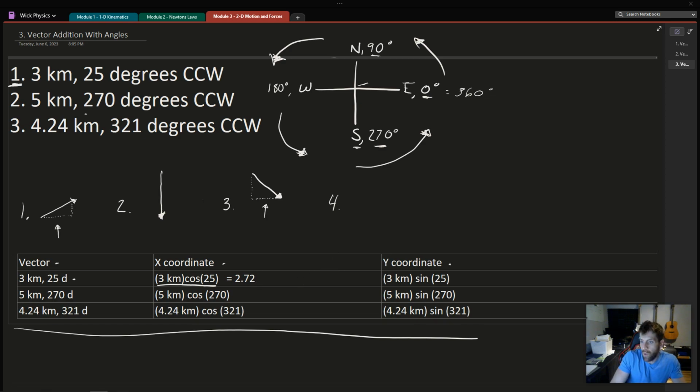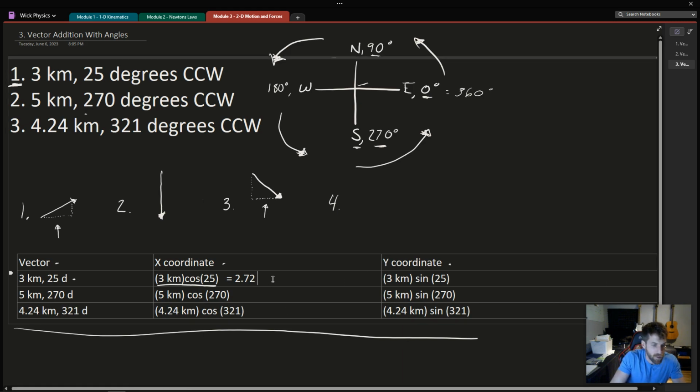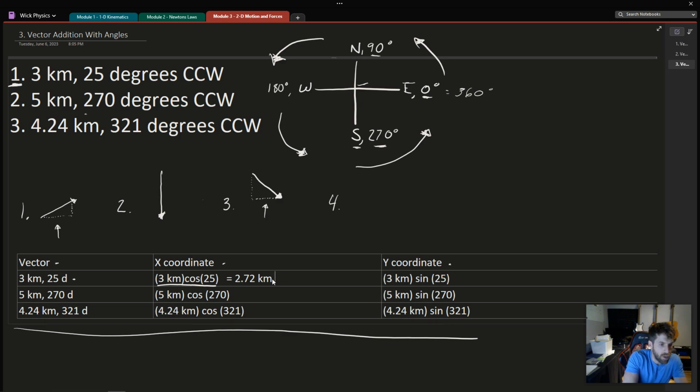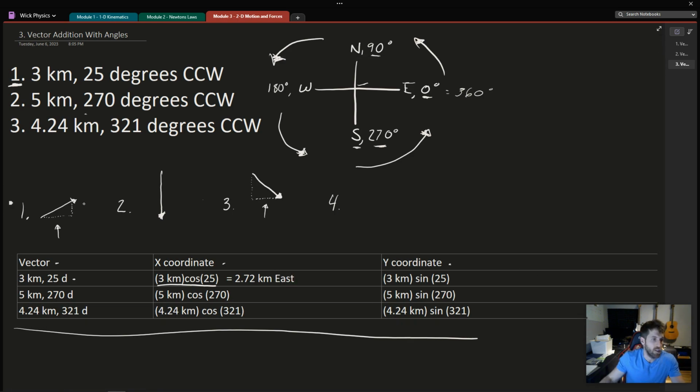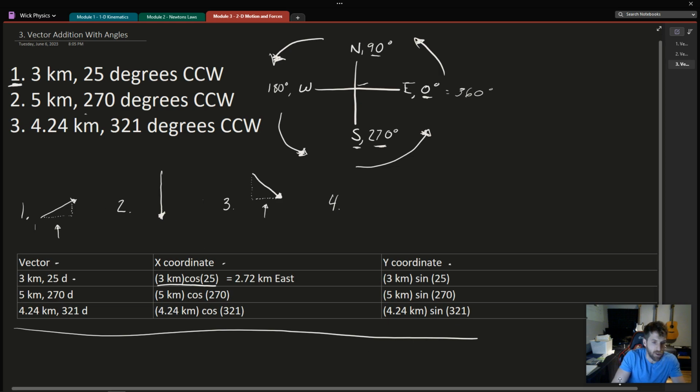Okay. And we are going to put all of that into kilometers. And we are going to say that this is going east, because this is our x coordinate. Because our arrow here, number 1, is pointing north and to the east, this is going to be our eastern bound coordinate.